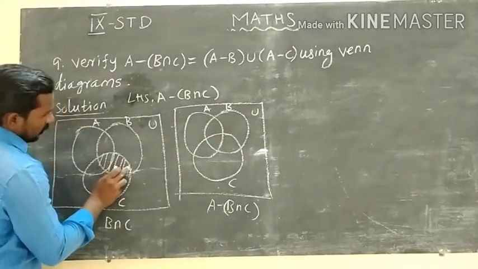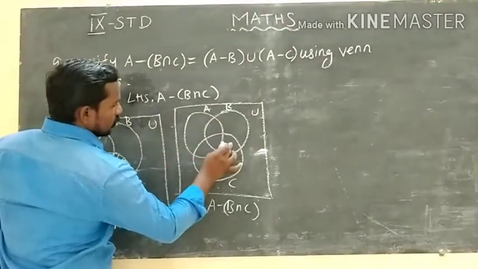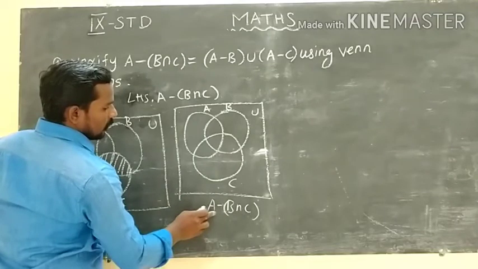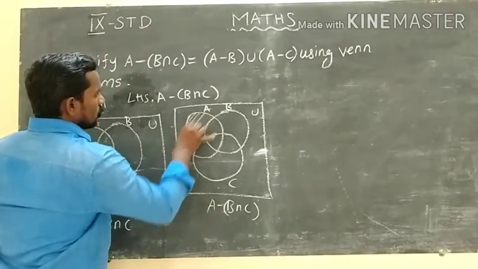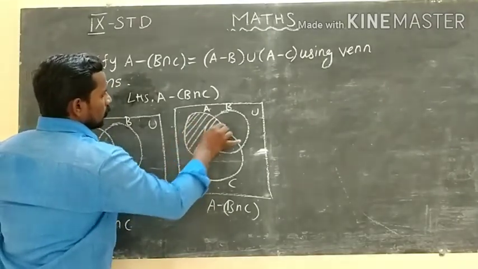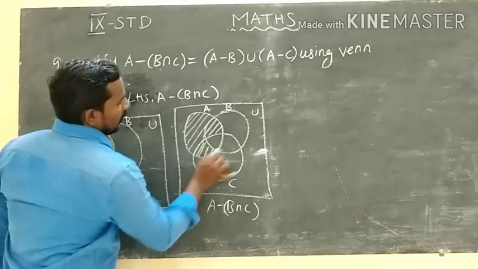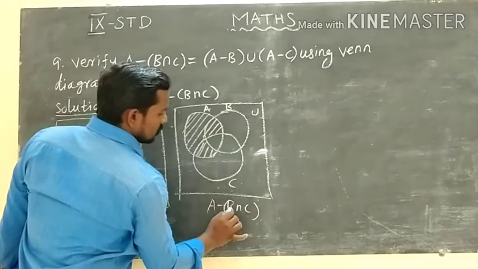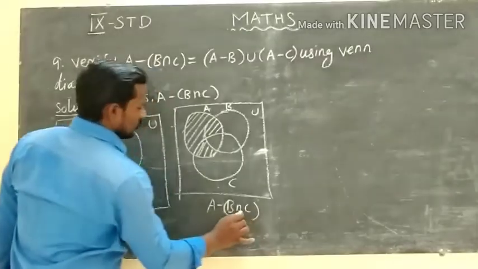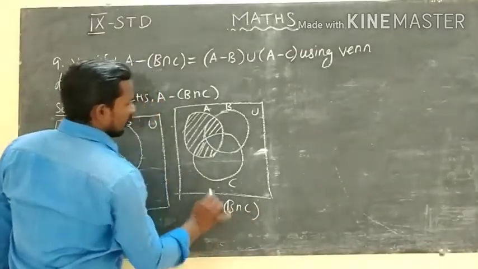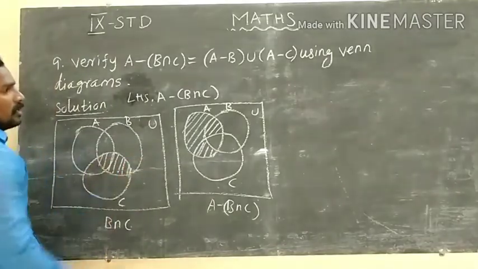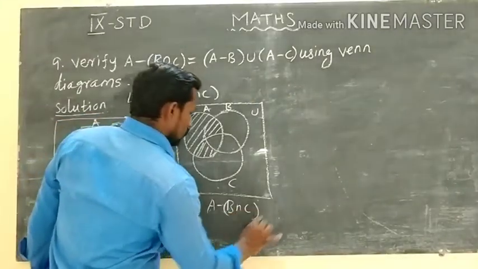Omit this portion only, so the remaining portions are all to be shaded. This is fully A, omitting this one, because it is A difference (B intersection C), B intersection C omitted from A. This is for 1.